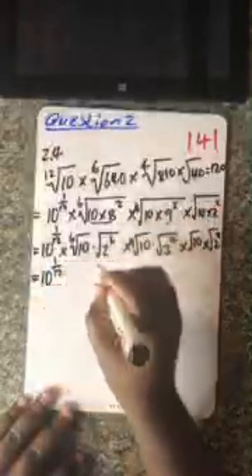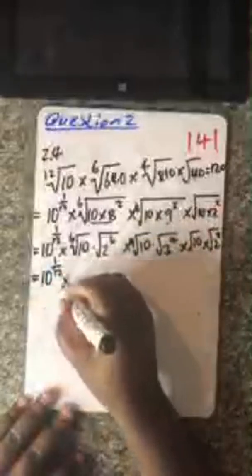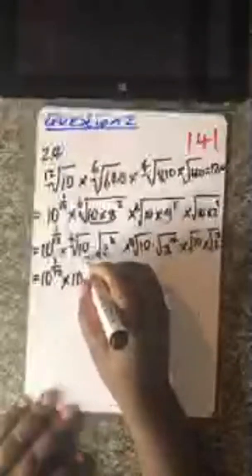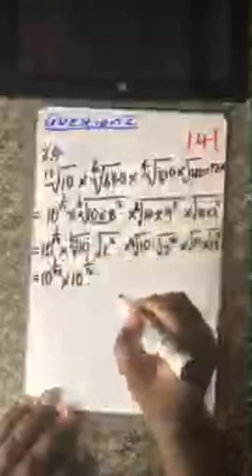So that means this is still 10 over 12 multiplied by, this is the same as 10 to the exponent 1 over 6. Yes, remember, guys, it's very, very much important that you remember that you've got 1 there, so it makes it 1 over 6.